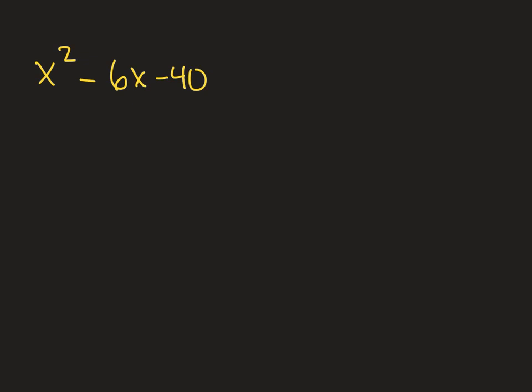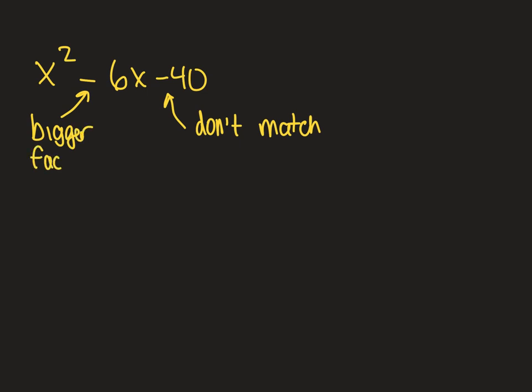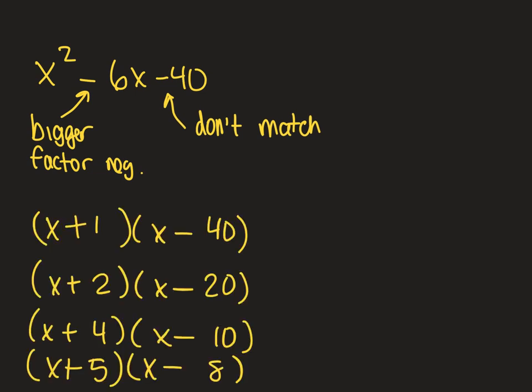All right, our last example has a minus sign here, so the signs don't match. And I have a subtraction sign here, which means the bigger factor will be negative. I'm still subtracting those factors, so I want to subtract and get a 6. All right, here's all of our choices. 1 times 40, 2 times 20, 4 times 10, and 5 times 8.